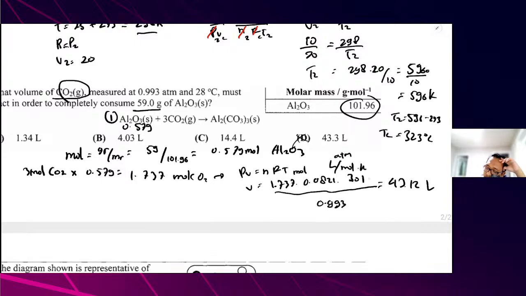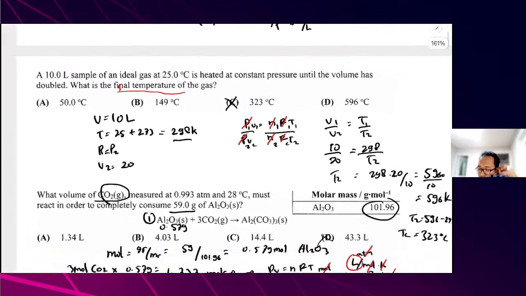This one is Kelvin, and this one is atm, so we can cancel out one by one now. Atm, and this one is mole. We can cancel this one to this one, so the remaining unit is liter.